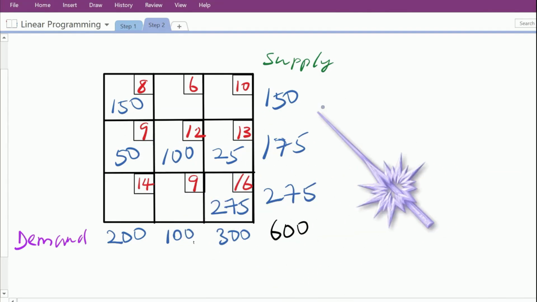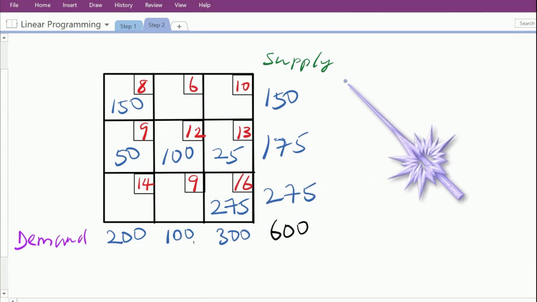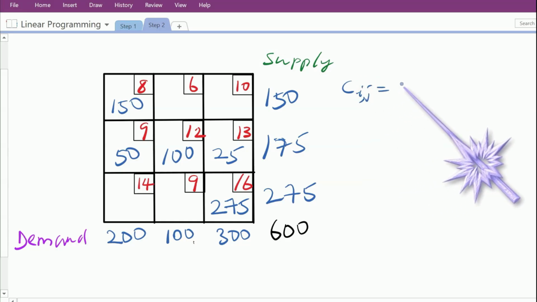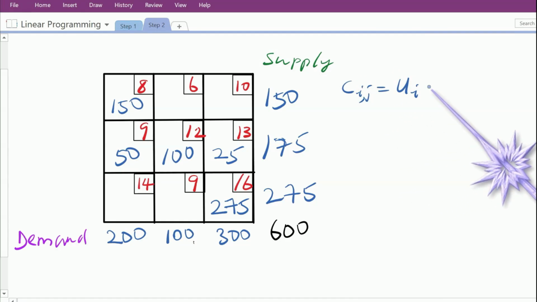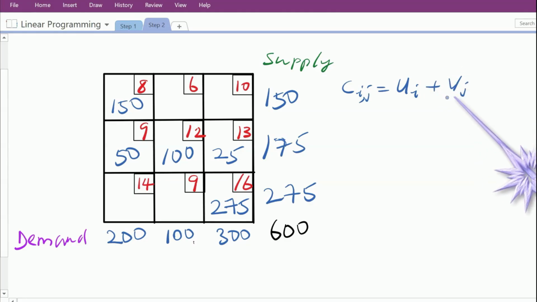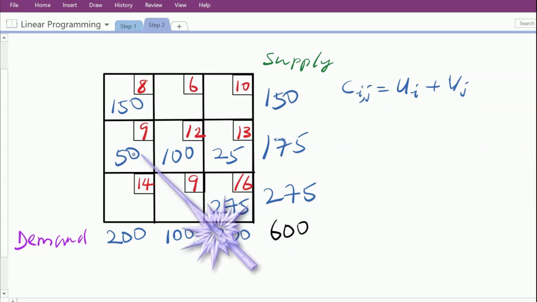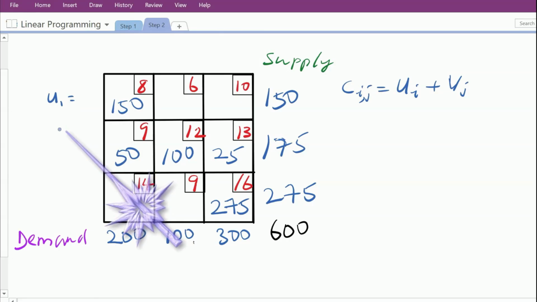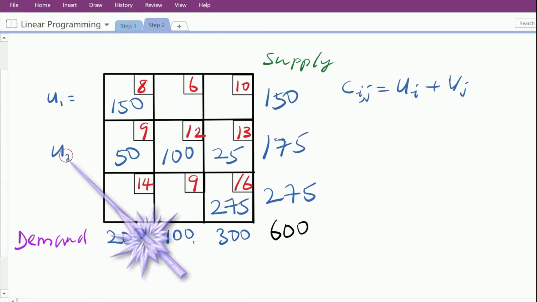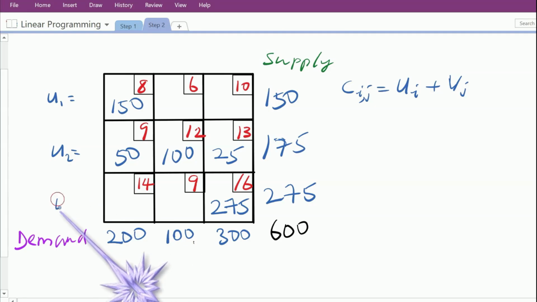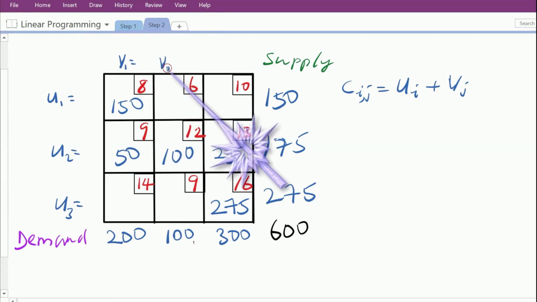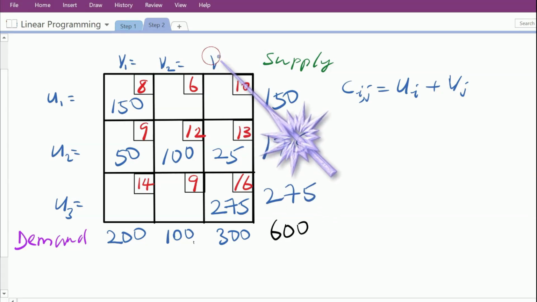The formula is Cij is equal to Ui plus Vj. So you come here, you write U1, the first row, this U2, this U3, this is V1, this V2, this V3.